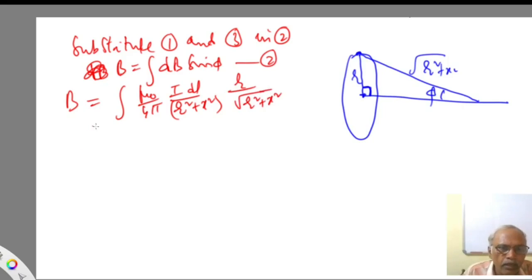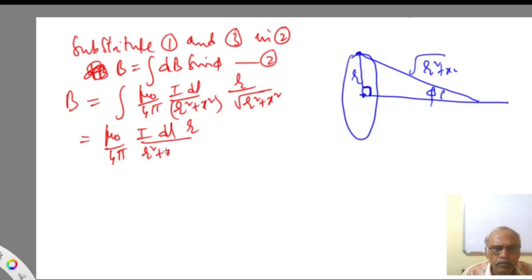If you simplify this further, you will get mu naught by 4 pi I dl into r by r square plus x square power 3 by 2.